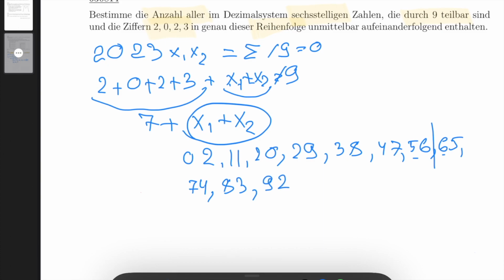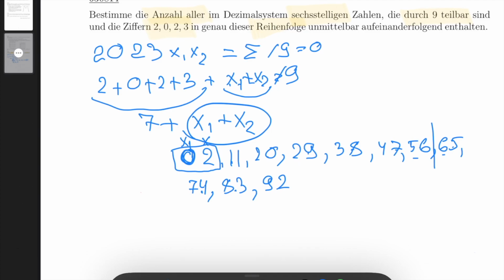That's all, right? So let's count how many we have, not actually digits, but numbers. We treat the first as x1 and the second as x2: 1, 2, 3, 4, 5, 6, 7, 8, 9, 10, and 11.